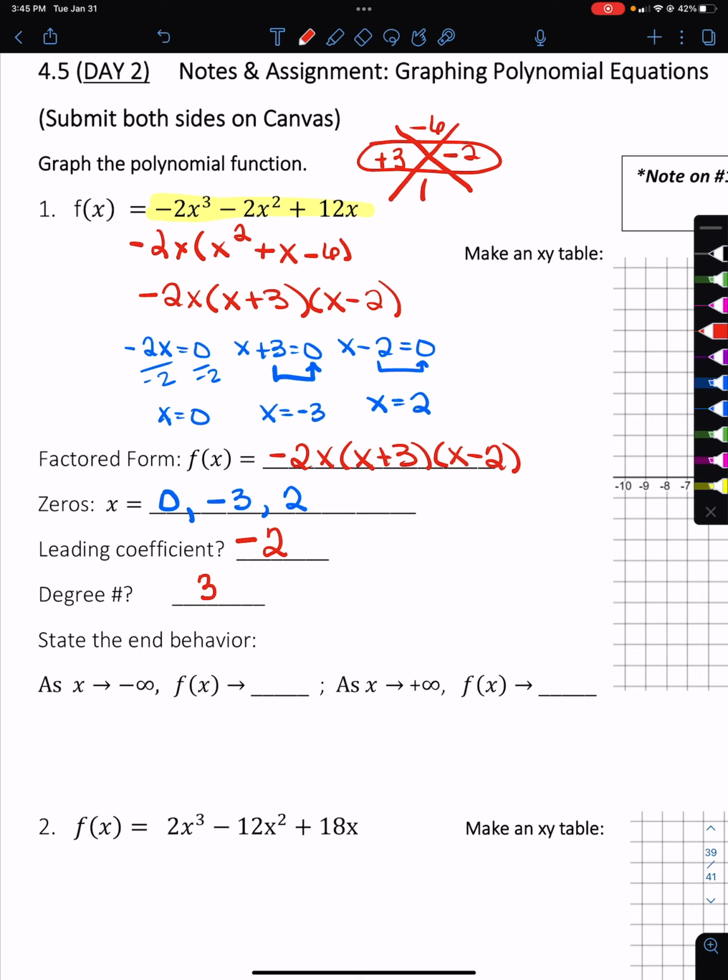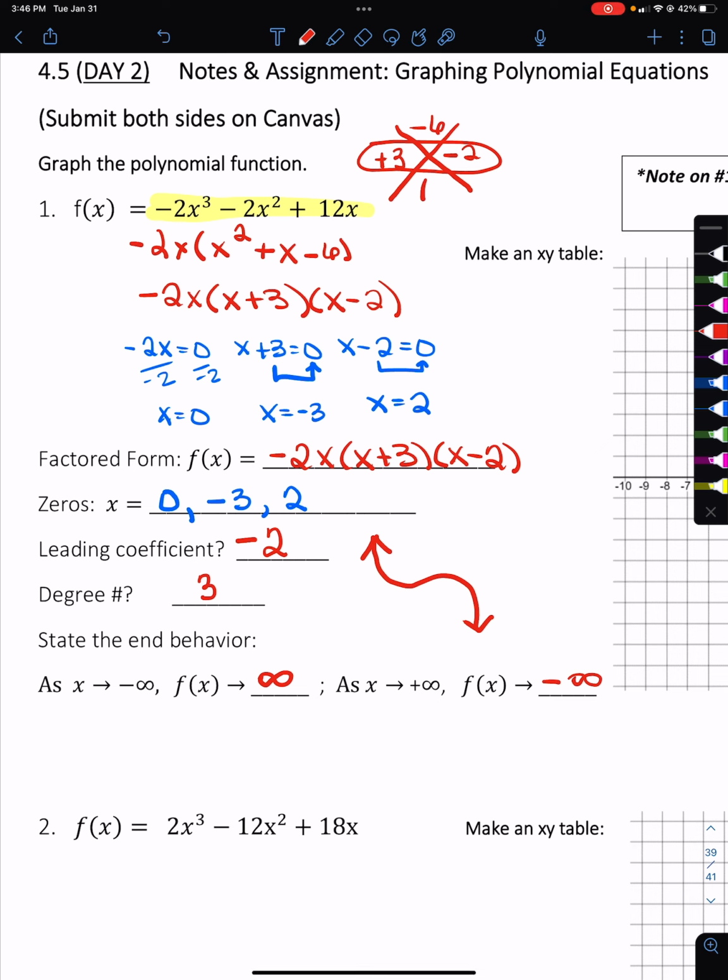And if it's a negative leading coefficient, the right side will point down. So a general or generic graph will look like that. So as x goes to negative infinity, y goes to positive infinity. As x goes to positive infinity, f of x goes to negative infinity.